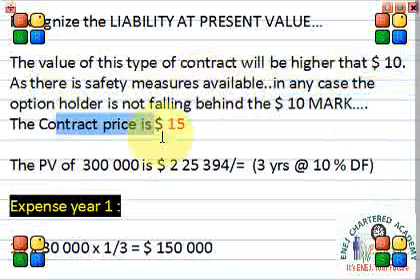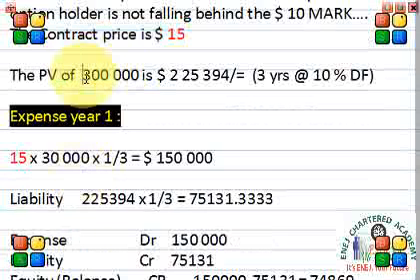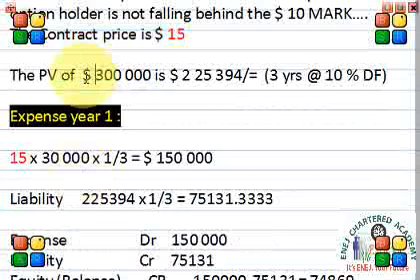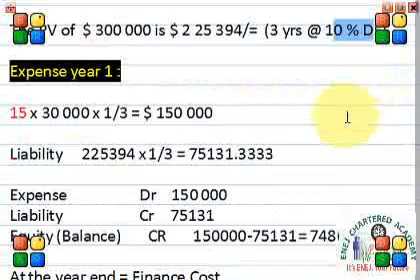The contract price is given, which will be given in the examination, that is 15. Present value is calculated for $300,000, and this is the discount factor. So the present value is 300,000 for 3 years at the discount factor of 10%.